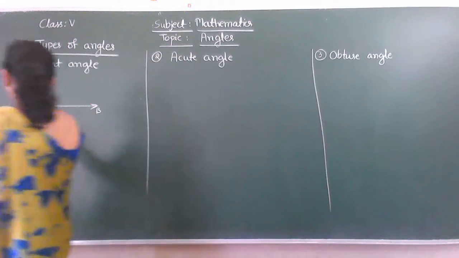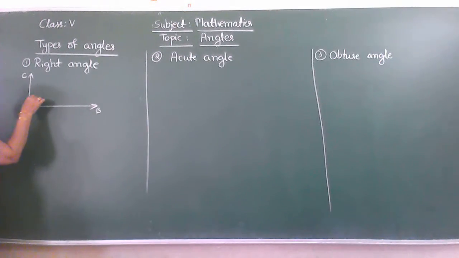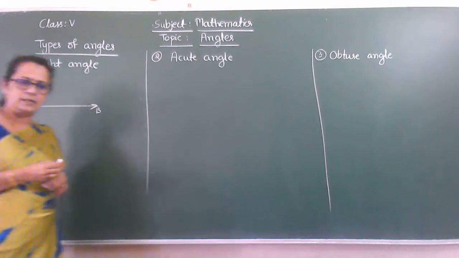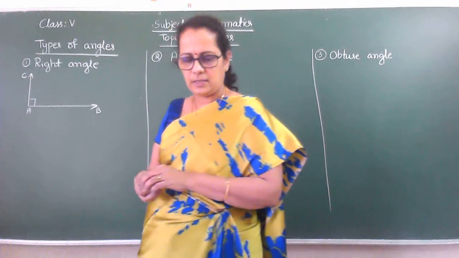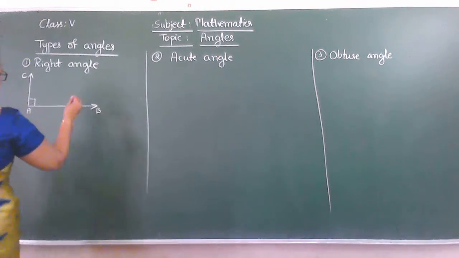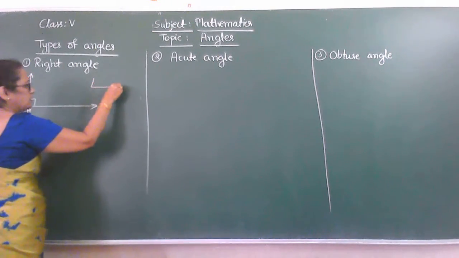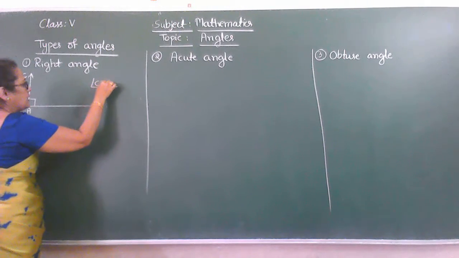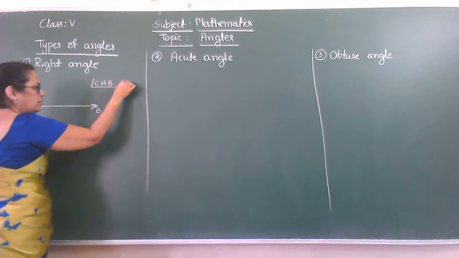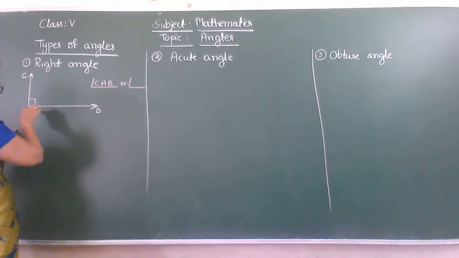Now, this CAB, what is the angle formed here? The angle formed here is right angle. This is a symbol to represent angle CAB, or you can write it as BAC.